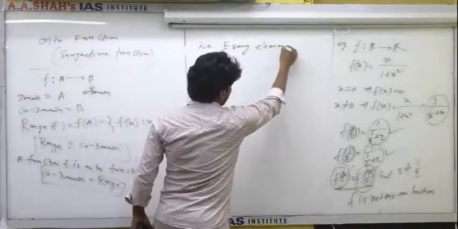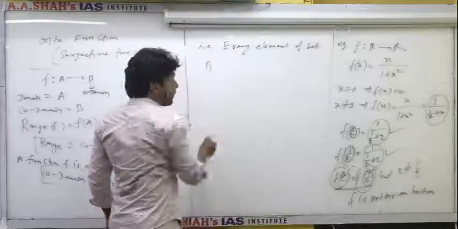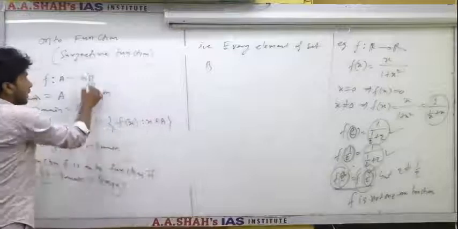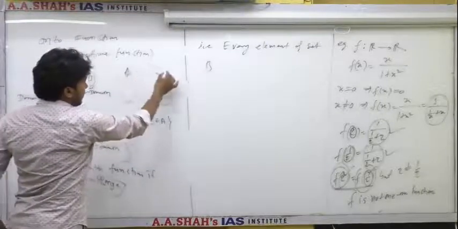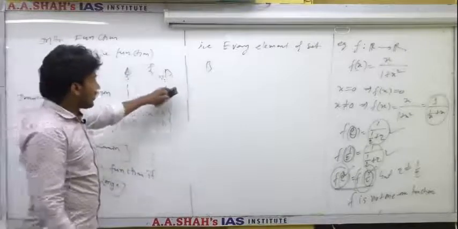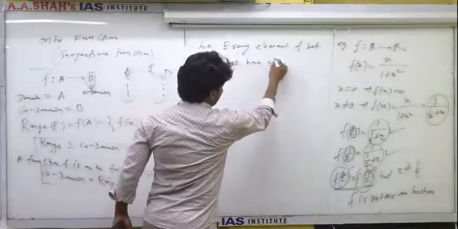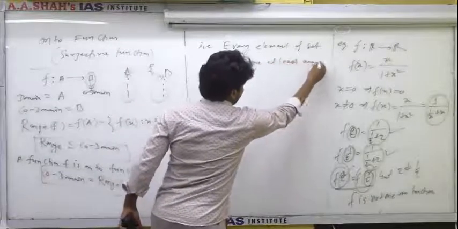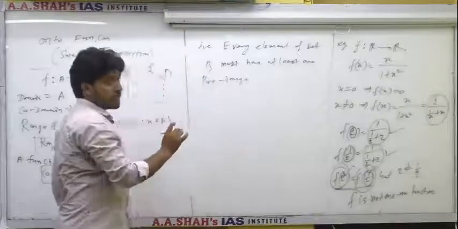every element of set B, the codomain. Every element of set B, suppose f is a function from A to B, this is set A, this is set B. So every element of set B must have at least one pre-image, not image.